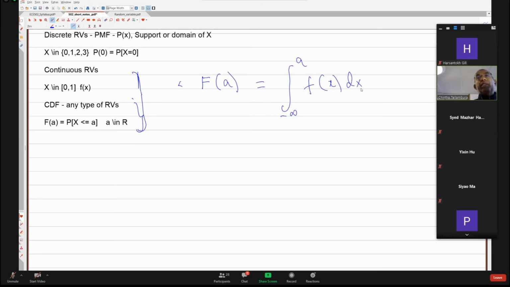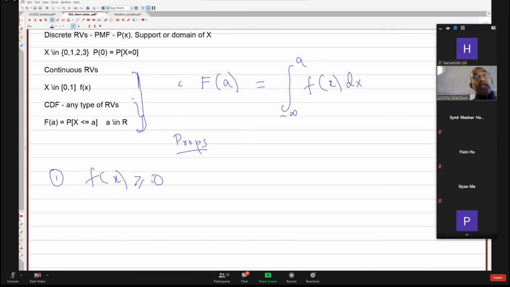If you know a basic density, I can calculate the CDF, right? So also let me quickly mention a couple of properties of CDF and PDF. So these are the properties. So the first thing is a PDF is a non-negative function.